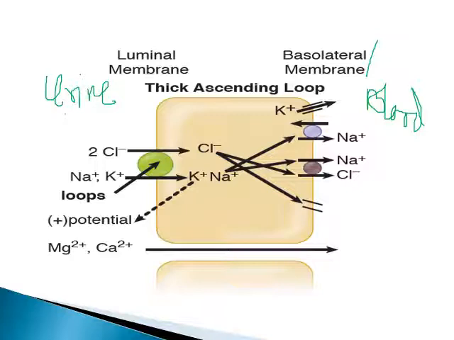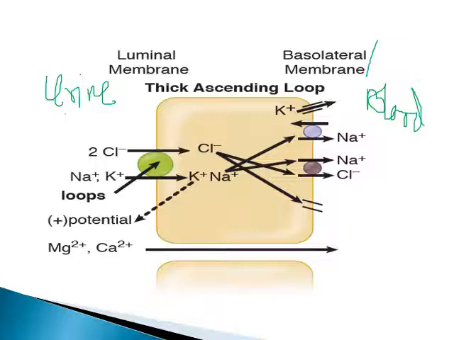What happens in the thick ascending loop of Henle is that when this transporter acts, the luminal concentration of the potassium ion increases. And here in the thick ascending loop of Henle, there are some leak channels through which potassium will get leaked out.